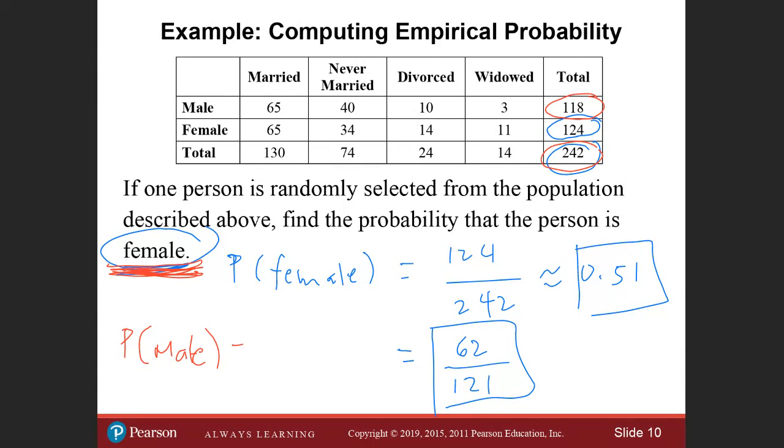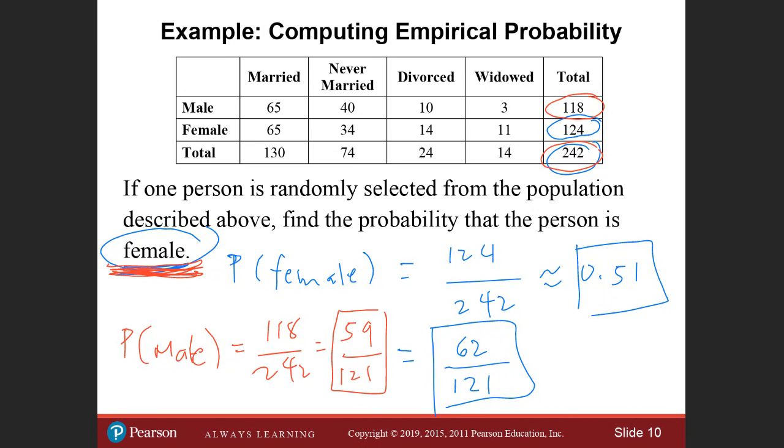For the male, we will get 118 divided by 242. Dividing 2 on the top, that would be 59 over 242 divided by 2, so that's 121. So that would be our probability for the male.